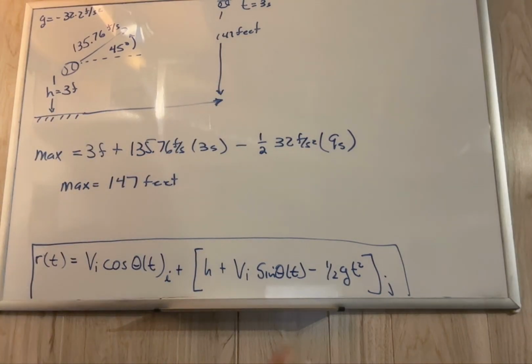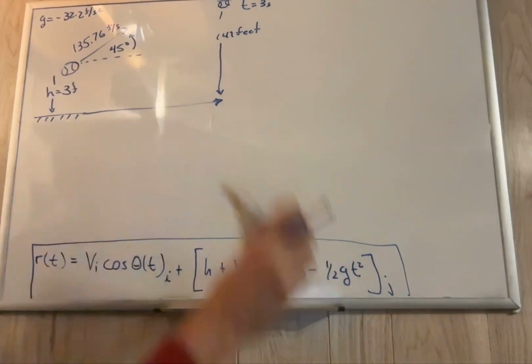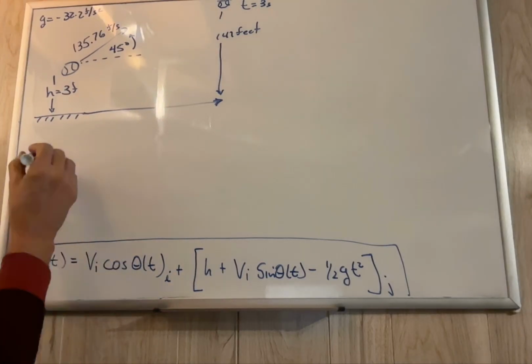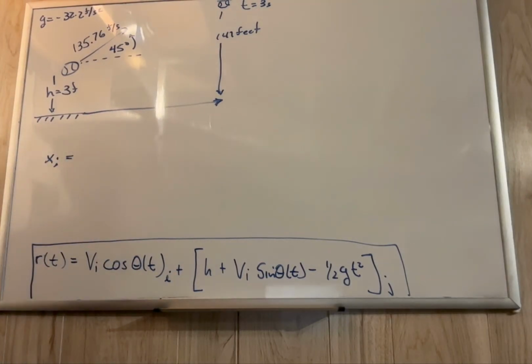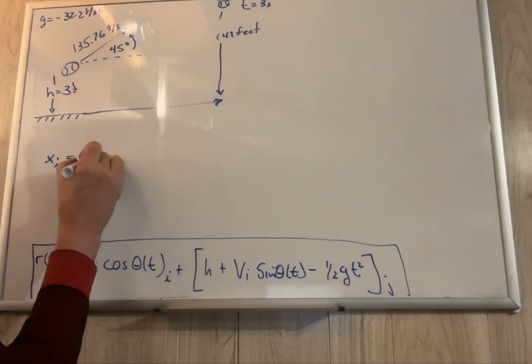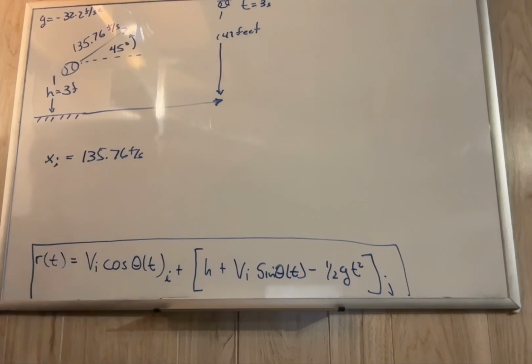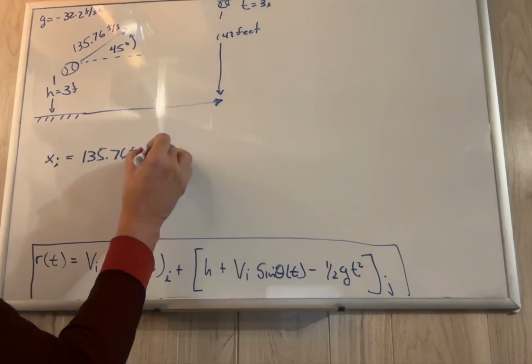We would just plug 3 seconds into our i direction. So x in the i direction is going to be equal to velocity initial, 135.76 feet per second, times our time, which is 3 seconds.